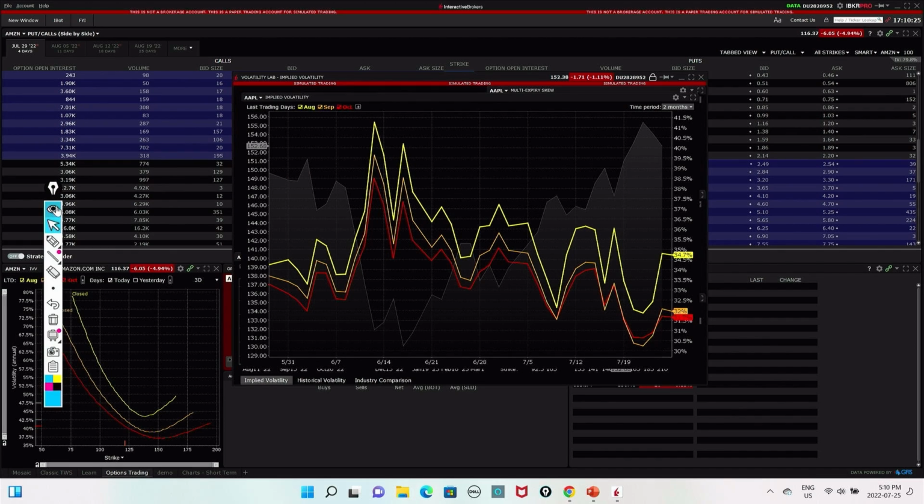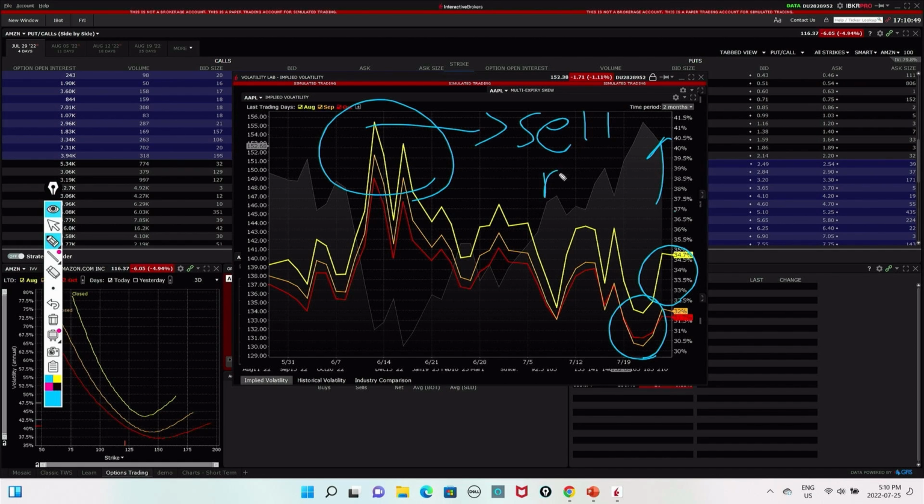So again, you want to be a premium seller in these areas when volatility has spiked, so over 40%, and you want to be a premium buyer in these areas when volatility is lower. So if you're bullish, you want to sell puts here because volatility is elevated, or buy calls here because volatility is lower.